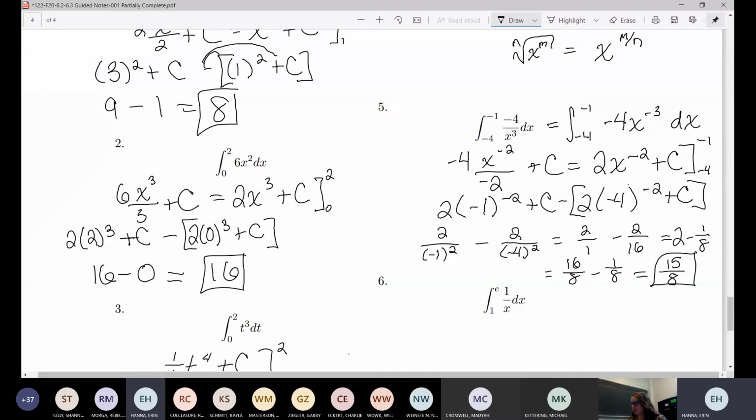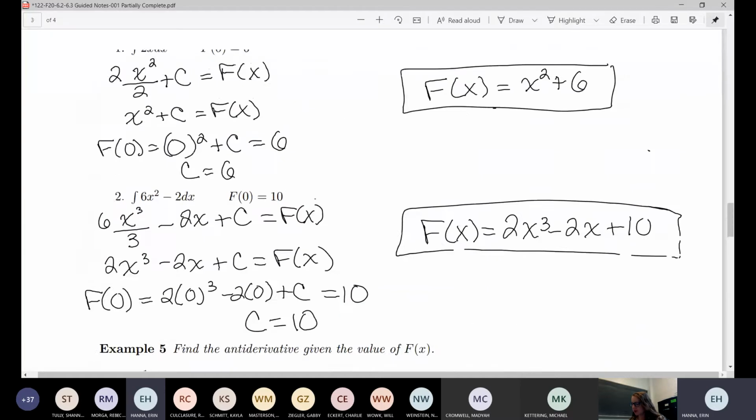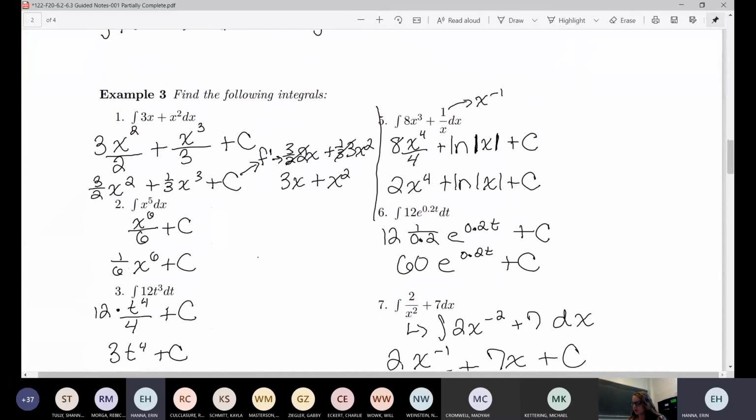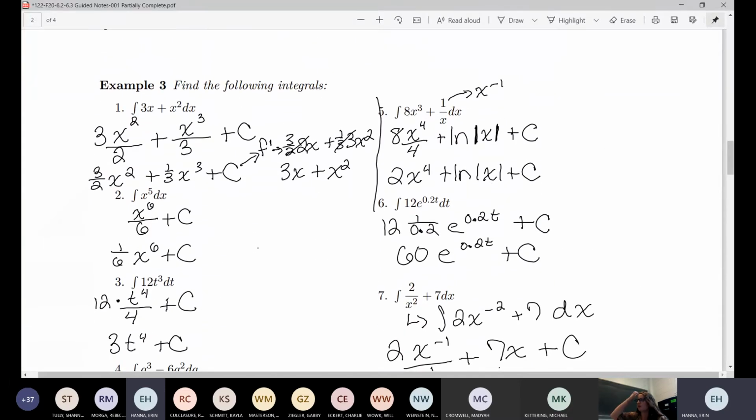Oh, I did forget to say something as well, so let me go back really quick. In terms of the homework that's due tonight, in 6.2 we were doing these antiderivatives, and sometimes they were phrased in terms of integrals and sometimes they weren't. We were always tacking a plus C at the very end. Now in Wiley, it'll ask you to find a couple of antiderivatives.